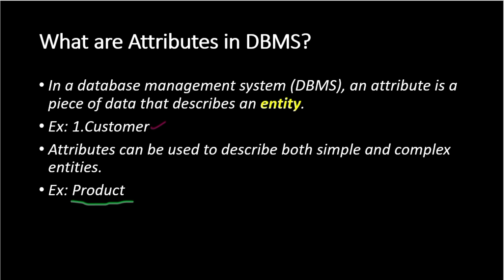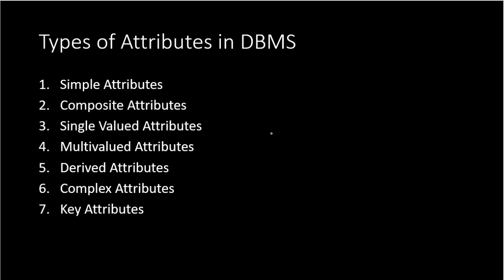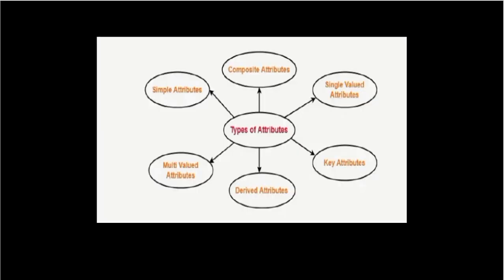There are different types of attributes in a database. Let us see: first is the simple attribute, then composite attribute, single valued attribute, multi-valued attribute, derived attribute, complex attribute and key attribute. Just look at this flowchart of the different types of attributes.